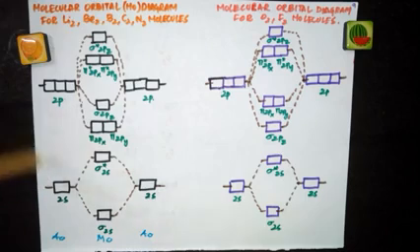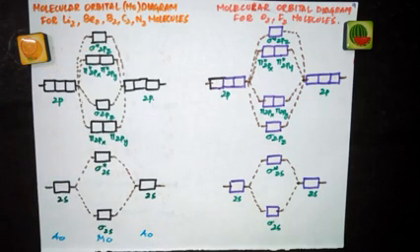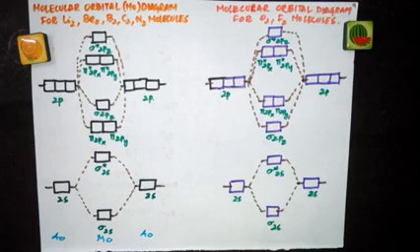This way of representing molecular orbitals is called the molecular orbital or MO diagram. See, MO diagram. So this is how we have to draw. And all these with an asterisk are antibonding molecular orbitals. And this is the molecular orbital diagram for O2 and F2 molecules.